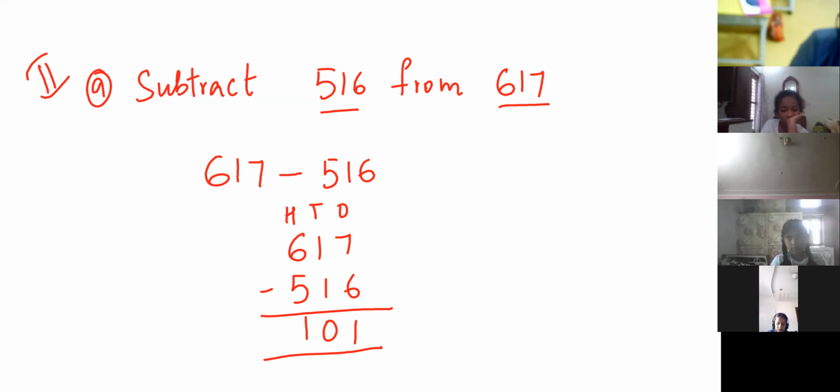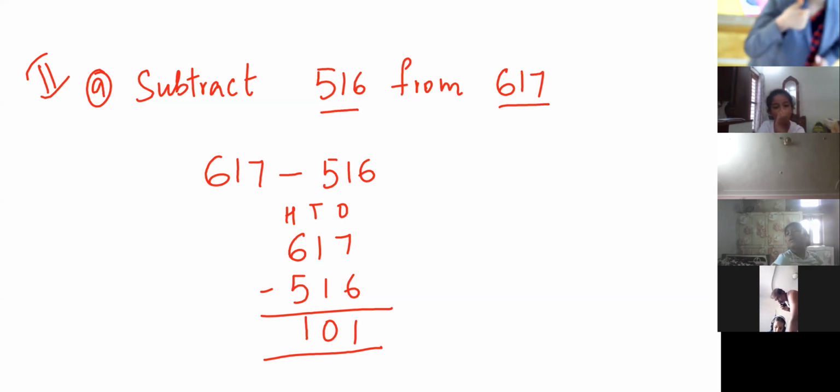Is it completed for everyone? Is it completed for everyone? Just raise your thumb like this. Those who have completed, just raise your thumb.